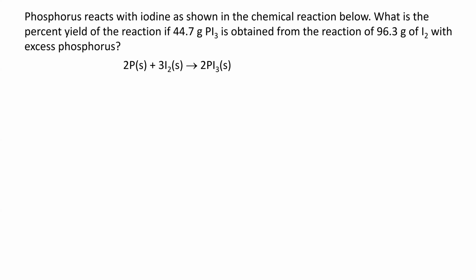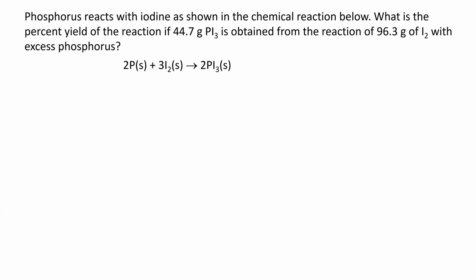Phosphorus also exists as a tetraatomic molecule, but for this example, we kept it as just P. And so we want to know what is the percent yield of the reaction if 44.7 grams of our product, phosphorus triiodide, is obtained from the reaction of 96.3 grams of I2 with excess phosphorus.